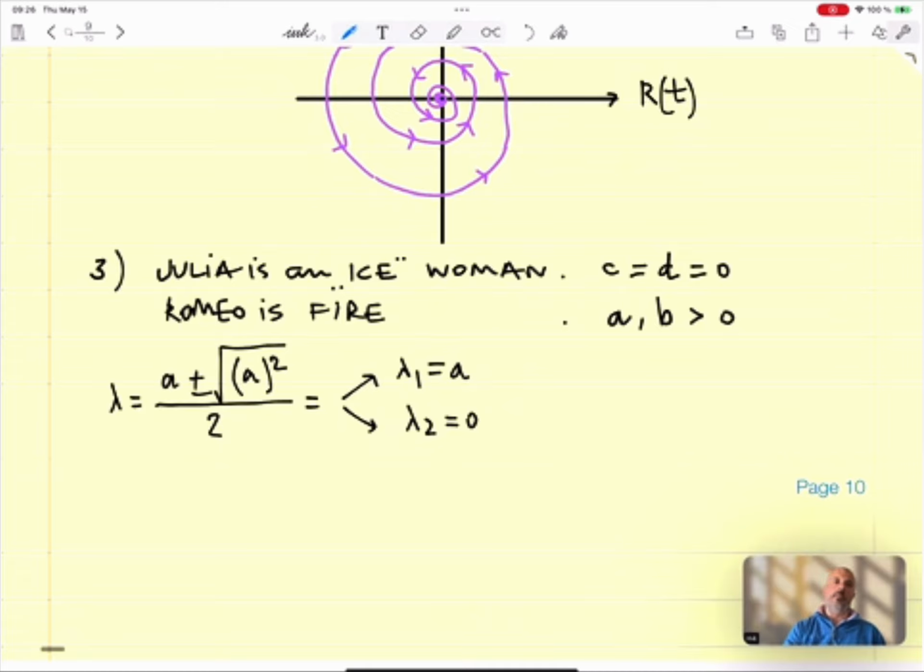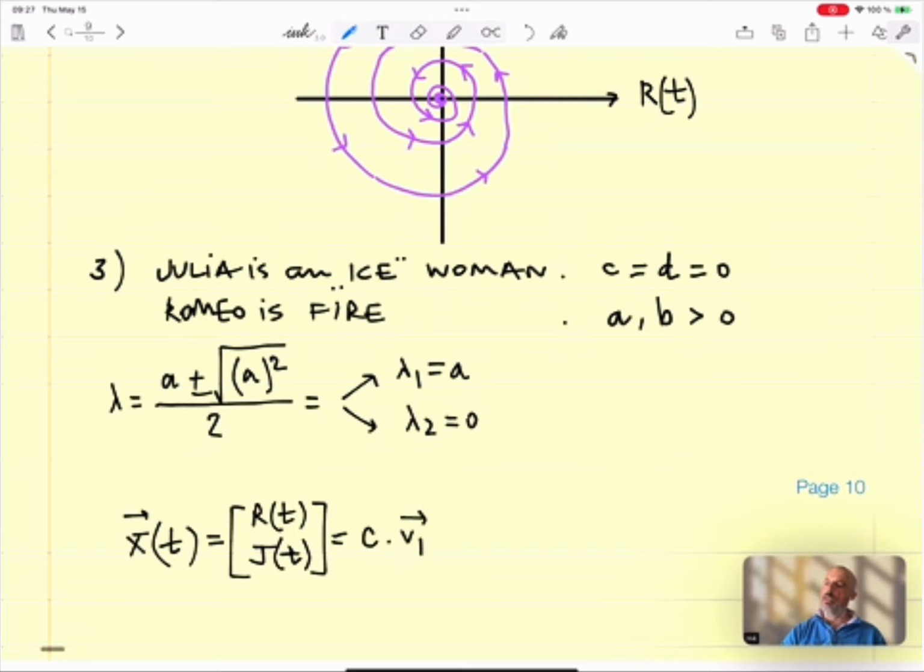So the equation is going to be x of t is going to be a constant times the first eigenvector e to the at, plus a constant times the second eigenvector. Okay? Because lambda 2 is 0.